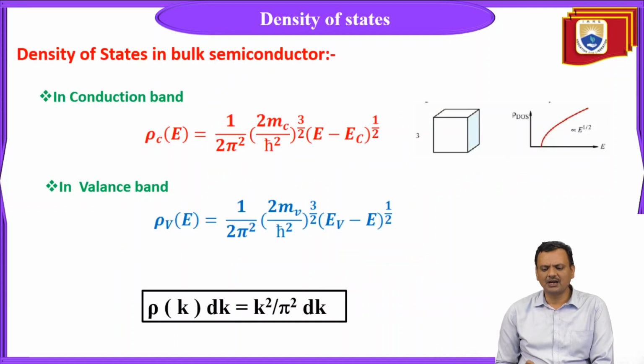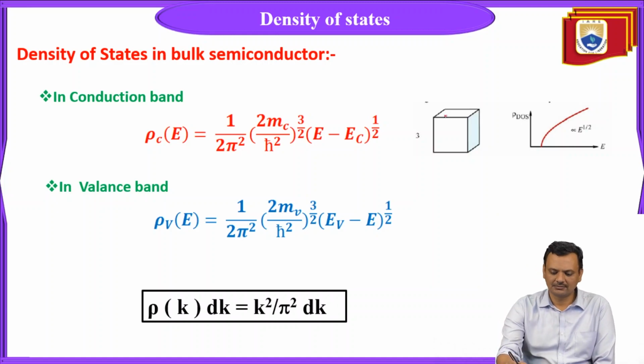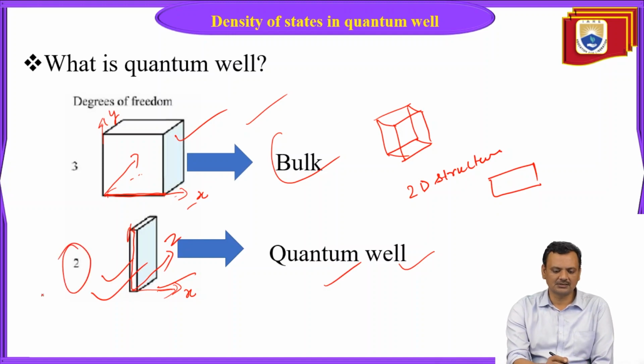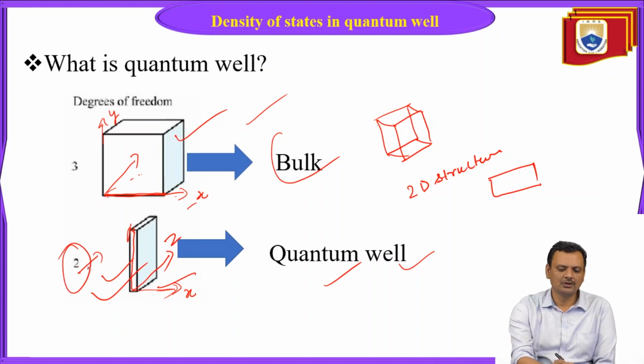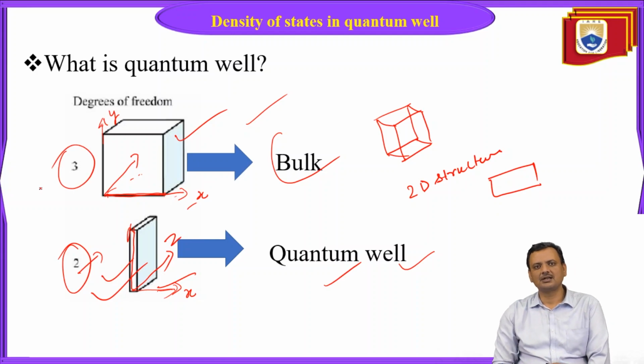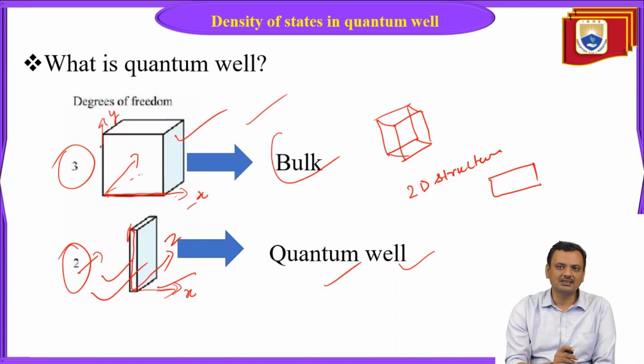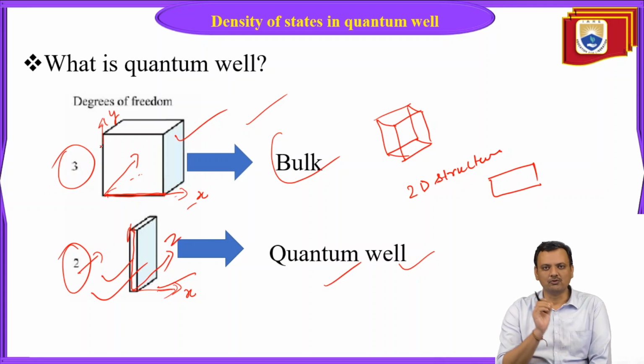We already discussed the density of state for bulk material, where the degree of freedom is 3. Here in the quantum well structure, the degree of freedom is 2. In the bulk structure, the degree of freedom is 3, meaning the electron can move in all three directions.